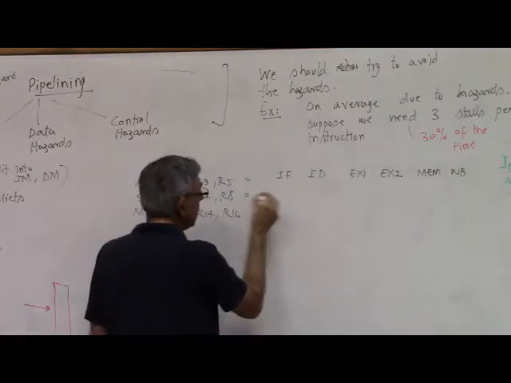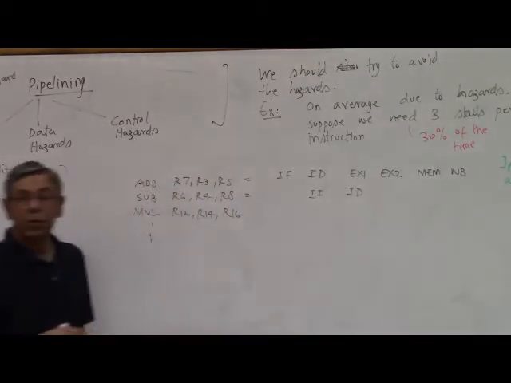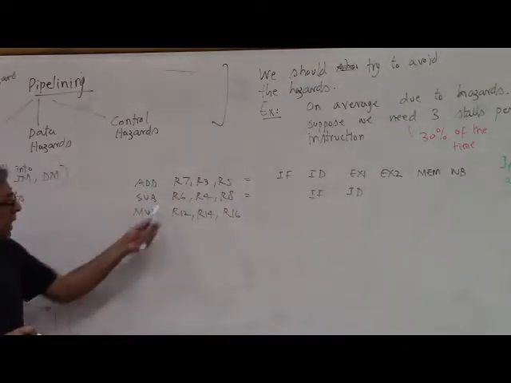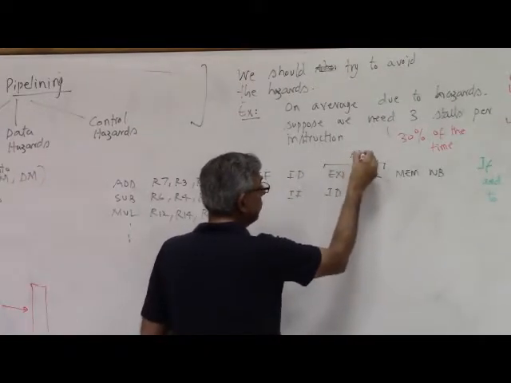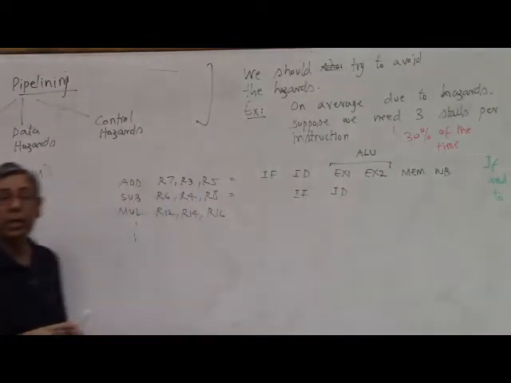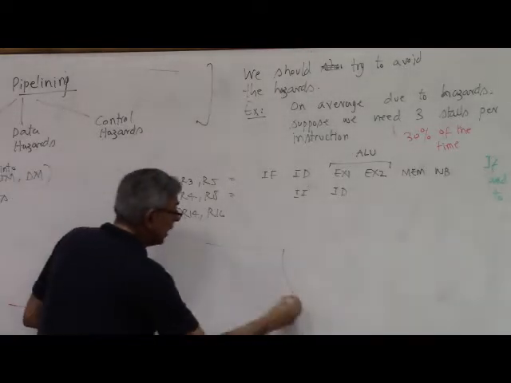Same thing over here, IF, ID. So now take a look over here. As the second instruction, see this is where it's trying to use the ALU. EX is where the ALU is involved. So here's our ALU.